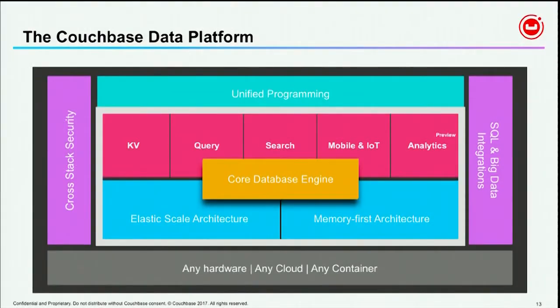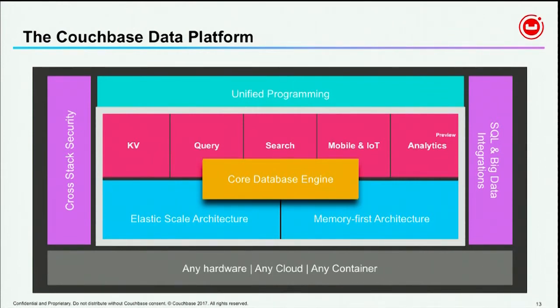So this picture you may have seen earlier is what we call the Couchbase Data Platform. The architecture here, you see in the middle there, that's the core database engine, the core key value engine that is elastically scalable, memory first, and on top of that, we've added query and search, mobile synchronization, analytics, and more capabilities to come in the future. Across the top, a unified programming language interface.